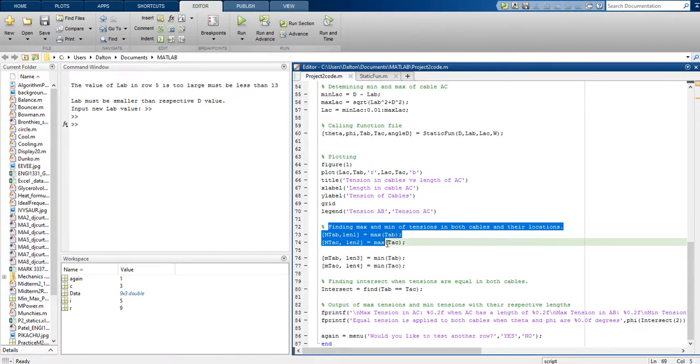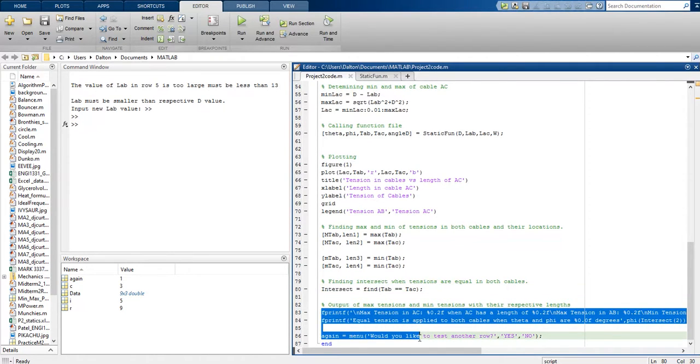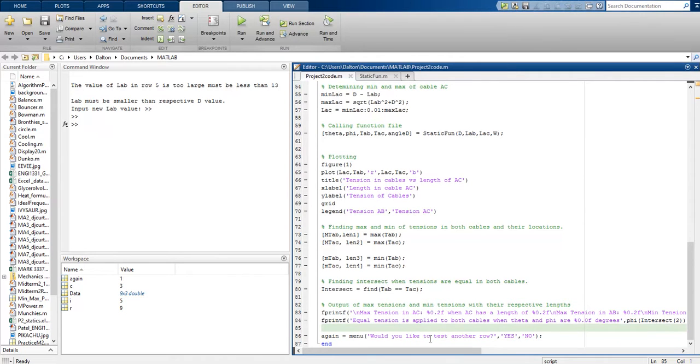Here we're finding the min and max of the tensions. Here's the minimum, here's the maximum. Here we find the intersect of the tension AB and tension AC to find where they have the exact same tension. And here we have the formatted output and a menu to ask if we would like to run it again.